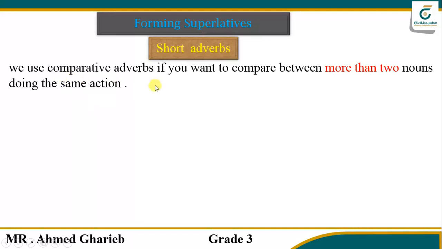We use them to compare between more than two nouns, persons, places, and things. When they do the same action, so many two or three nouns do the same action but in different degrees. One of them is doing the action with the highest degree.